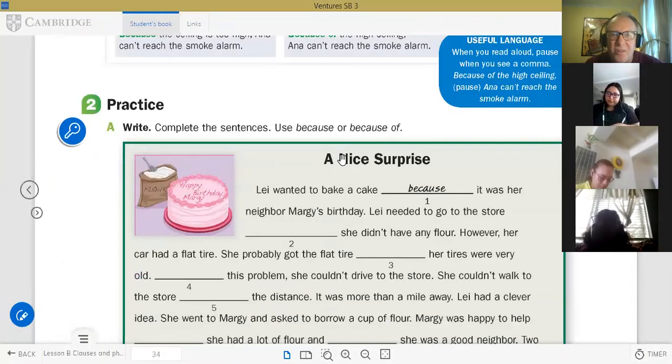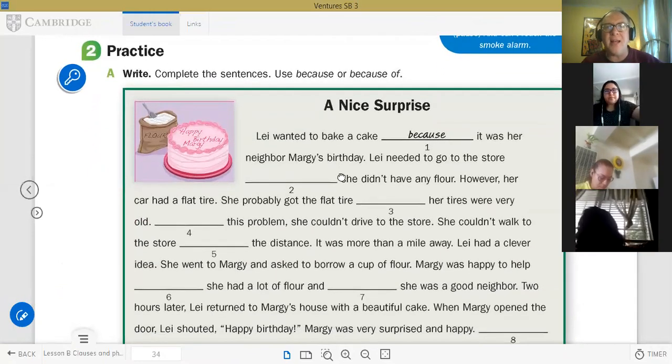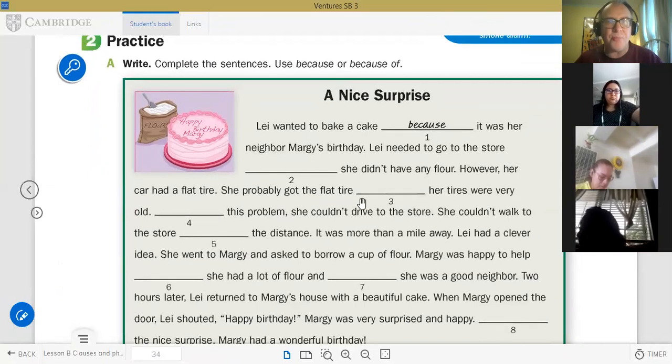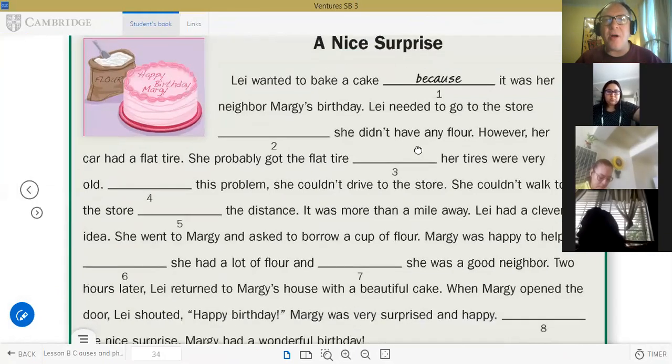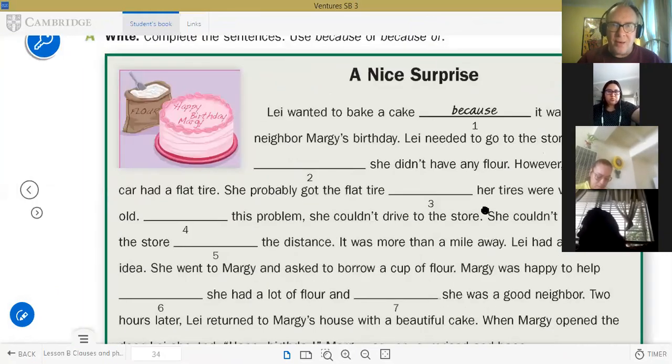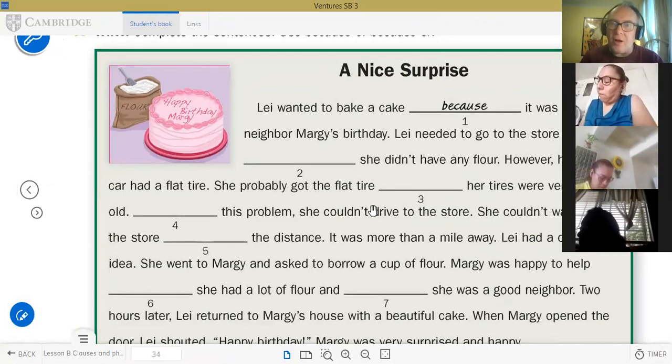All right. So if you have your book with you, you'll see this little paragraph called A Nice Surprise. Here we're going to decide just between because and because of. Now remember, we could also say due to and since. We talked about that on Monday. So, Lay wanted to bake a cake because it was her neighbor Margie's birthday.